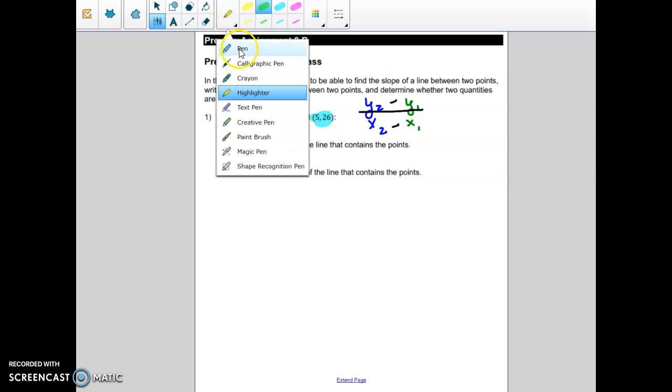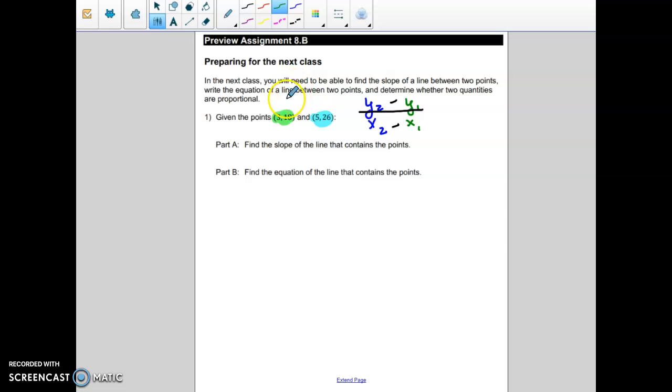So let's make sure we label those so that when we're plugging them into the equation, this will be x1 and y1, x2, and y2. Again, that little subscript just says that these 2 points, the 5 and the 26, go together. This is our second x value and our second y value.